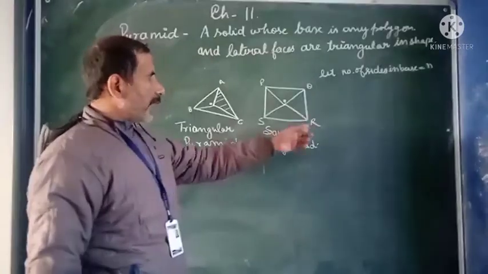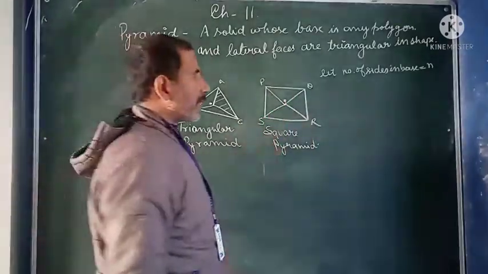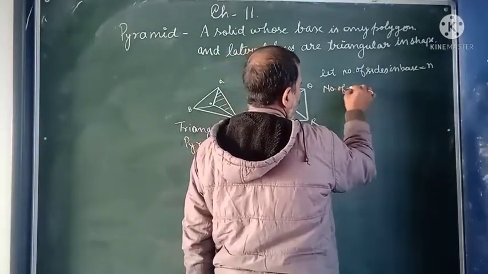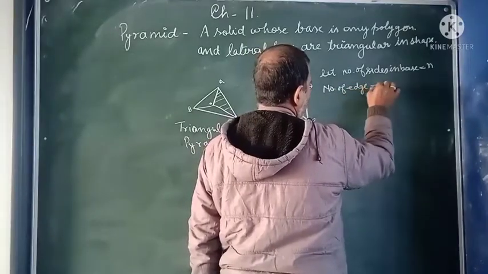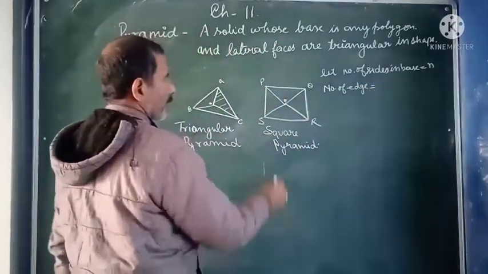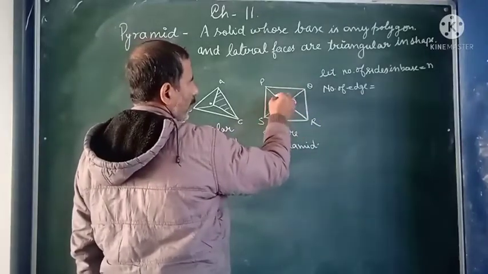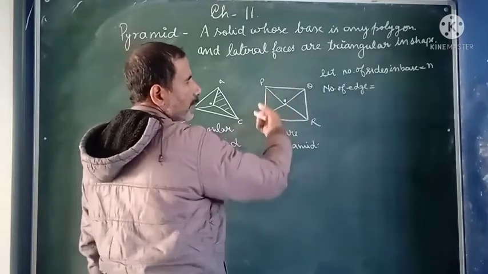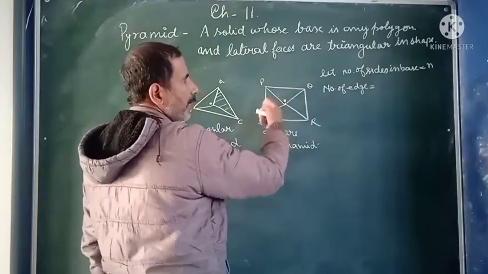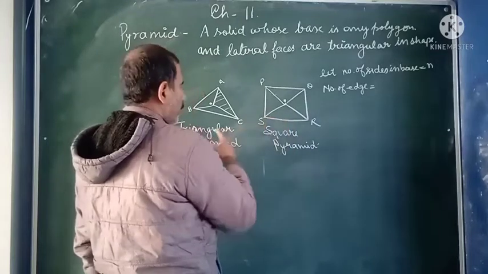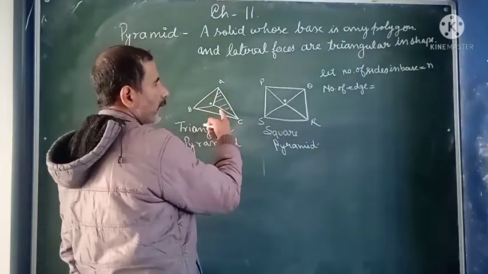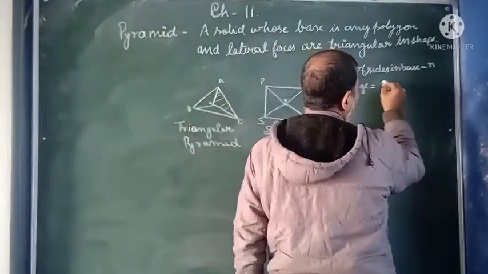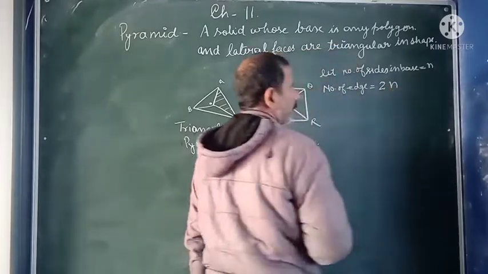If the number of sides in the base is n, then the number of edges, see how many edges are there. 1, 2, 3, 4. 1, 2, 3, 4. 4, 4, 8. So if 4 sides are there in the base, the edges will be 8. Here 3 sides in the base, so edges will be 6. So the edges will be double the number of sides in the base. So you can write 2n.